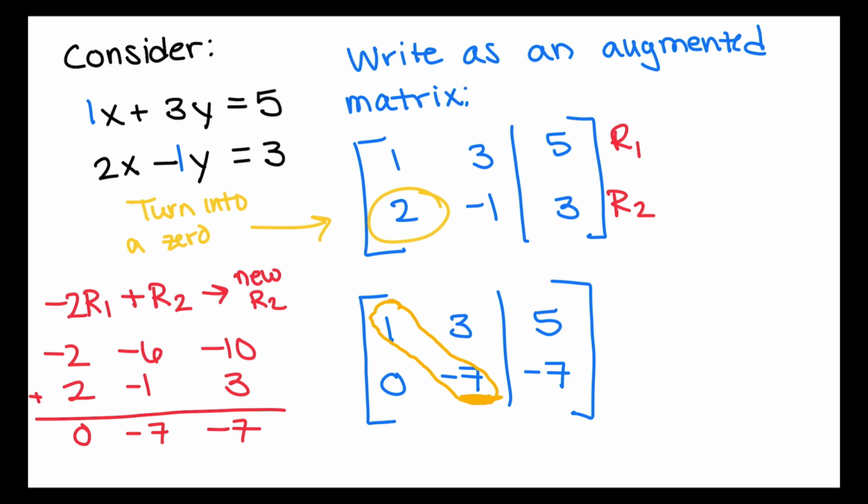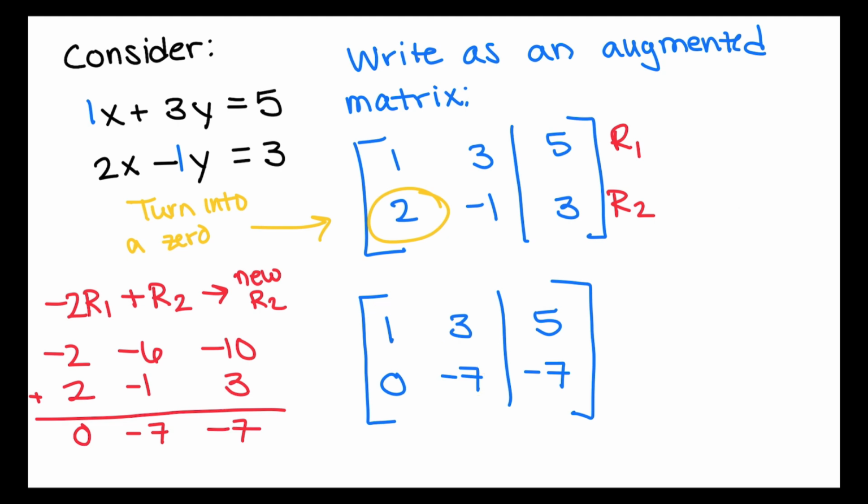I'm actually not going to take the time to do that because it turns out as long as we get those zeros below the diagonal, we can solve our systems. So just to give you a heads up, technically we should make all these numbers on the diagonal ones. Again, I'm not going to do that because I can solve the system without doing that.